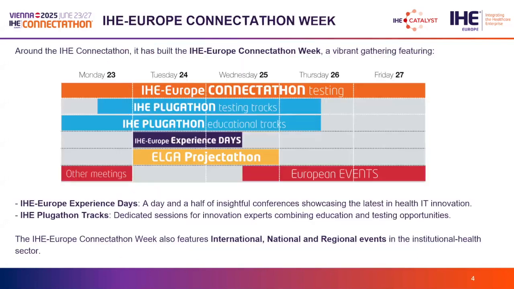The IHE Connectathon is part of the IHE-Europe Connectathon Week. So it will be in Vienna the last week of June, and you will have the chance to test at the Connectathon, but we will have also testing and educational tracks at the IHE Plugin, derived around the EHDS topic.